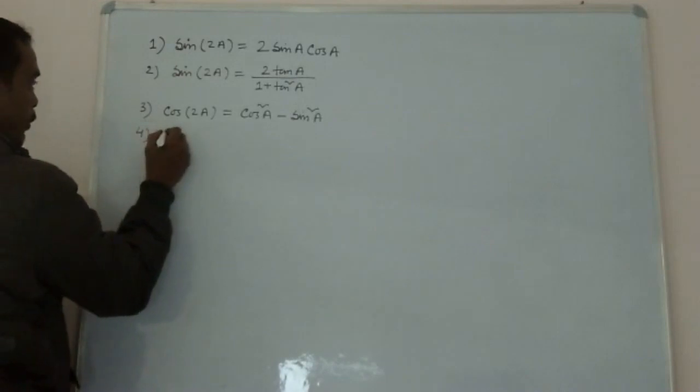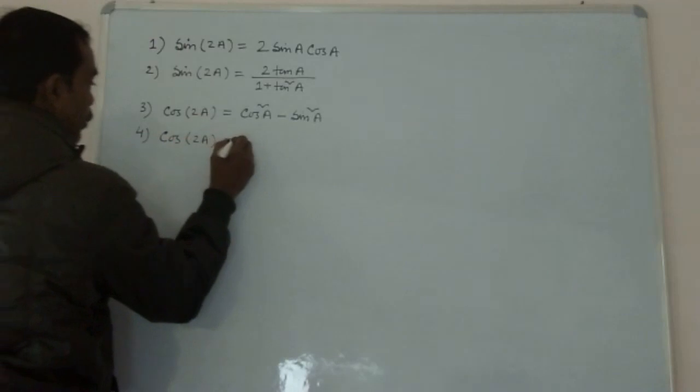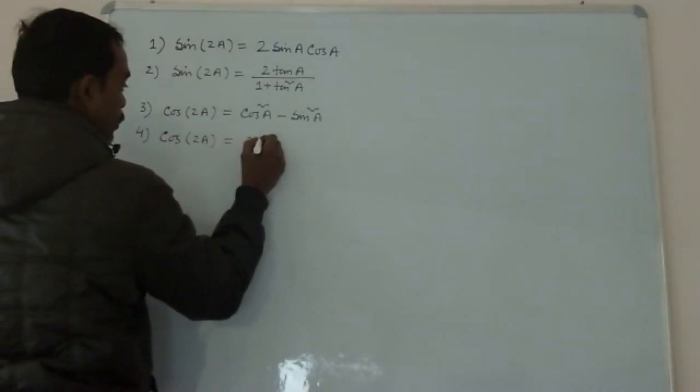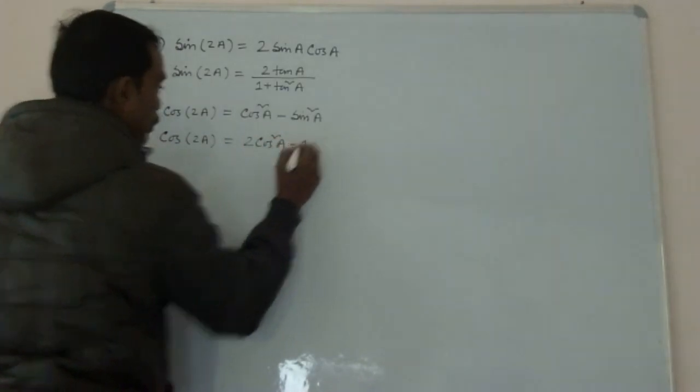Number 4, cos 2A equal to 2 cos square A minus 1.